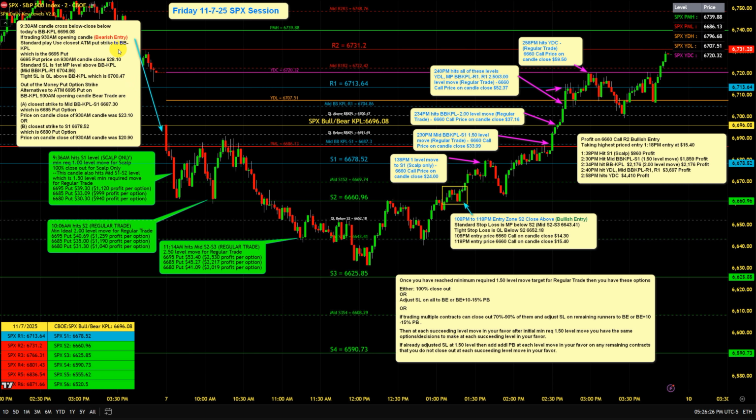Okay, so the initial trade entry here was a bearish entry on a cross below, close below of the bull-bear key price level. So even though the session bias initially is a bearish bias from this close below the bull-bear KPL, please keep in mind when using this indicator that that does not mean that you are taking bullish trades completely off the table.